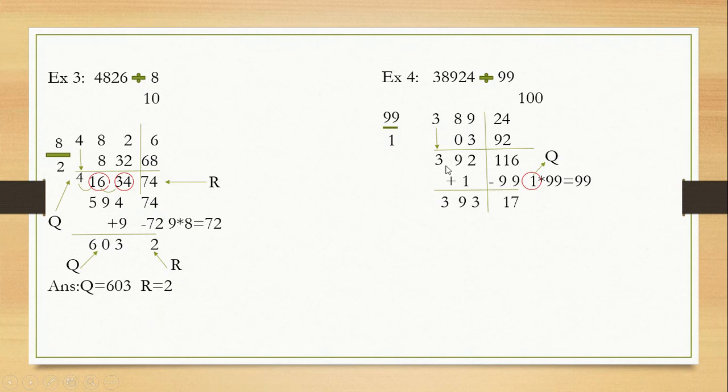It is the new quotient. Already we are having this old quotient 392. If we add this new one to this old one, you will get the real quotient, that is 393, and 17 is our remainder. So what is the answer for our question, 38,924 divided by 99? The quotient is 393 and the remainder is 17.